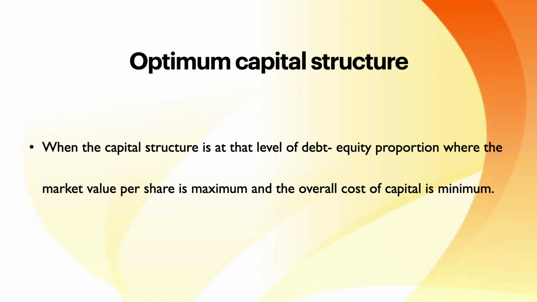Is that clear? Optimum capital structure is when the capital structure is at that level of debt equity proportion, notice that phrase, where the market value per share is maximum and the overall cost of capital is minimum. So what are they talking about? Market value must be maximum and the cost of capital must be minimum.